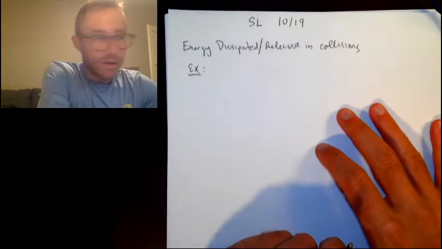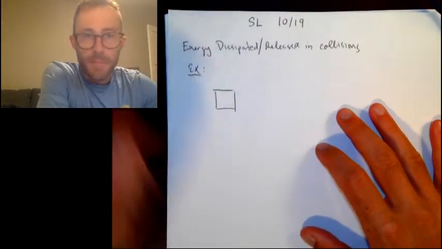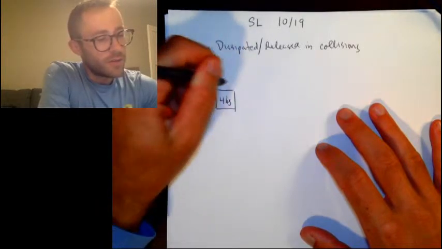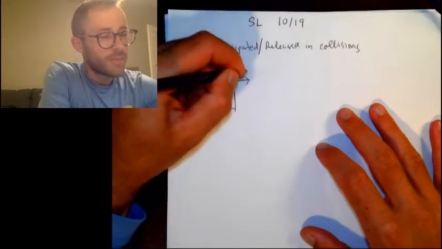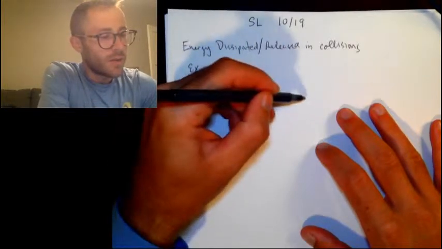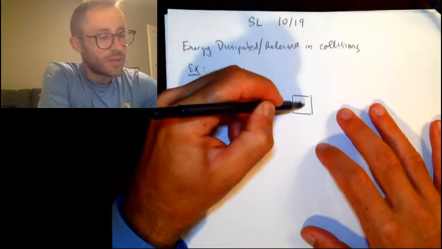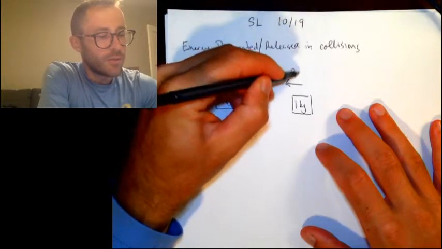Okay. Let's suppose we have a 4 kilogram object that is traveling this way at 10 meters per second. And then we have a 1 kilogram object that is traveling this way at 3 meters per second.